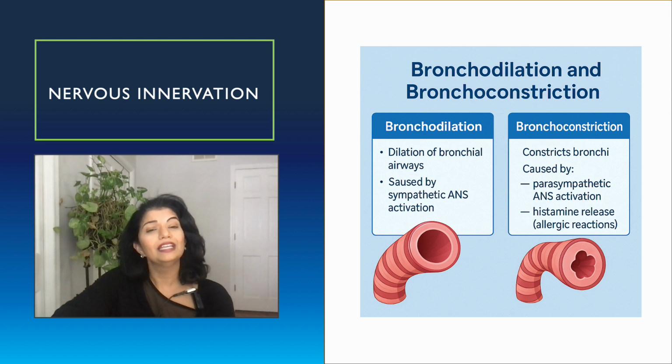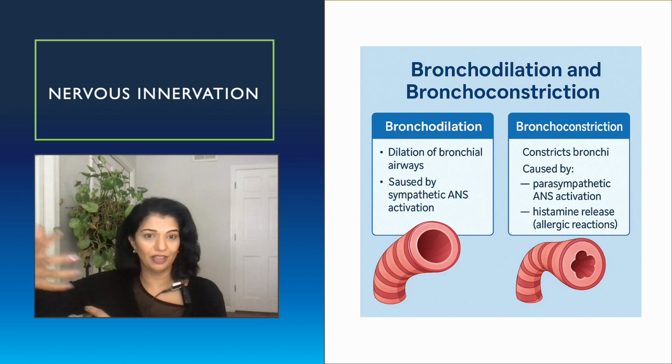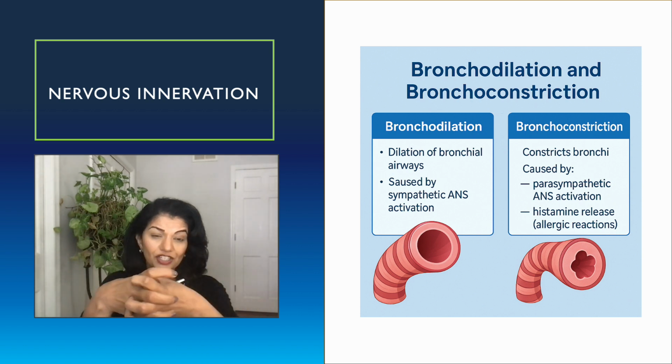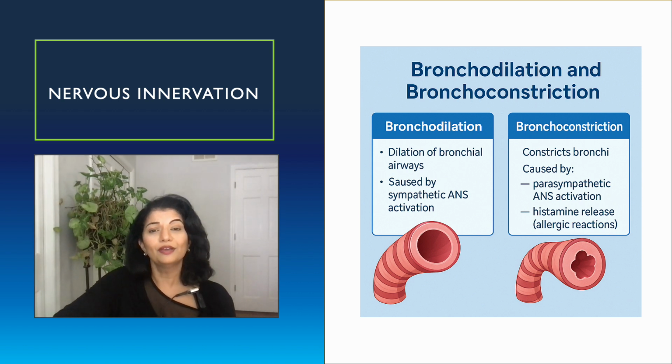So, in short, sympathetic system equals bronchodilation, which is more air. It's like opening the hose. Parasympathetic, on the other hand, is bronchoconstriction, less air. It's like pinching your nose, that sort of thing. So the nervous system is constantly adjusting the size of your airways depending on your body's needs.